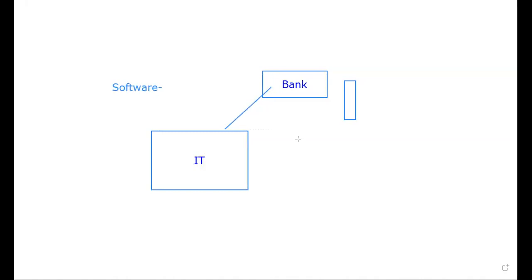So they will approach an IT company and communicate with each other about all the processes of their day-to-day work. They will first decide the budget and time, and once the customer agrees with the time and budget, they will make a proposal agreement. Then they need some software for their company.